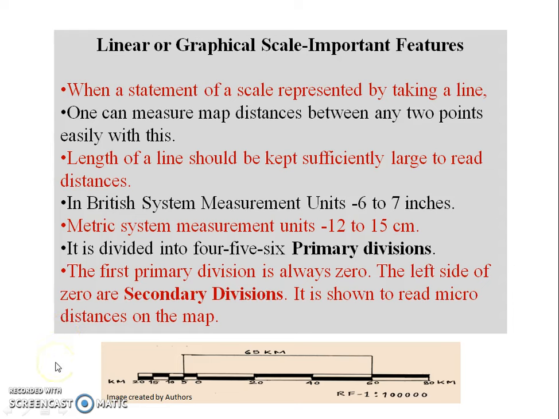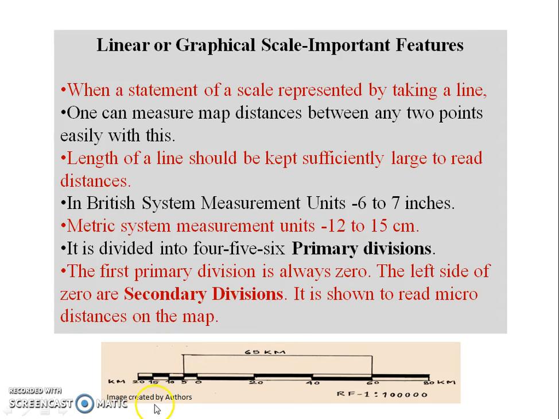Another feature of linear scale is that it is to be divided into 4 to 6 or 7 primary divisions. For example, in the given diagram, scale is divided into 5 parts. The first primary division is always 0, as shown in the diagram. You can see left side of 0 is secondary divisions.